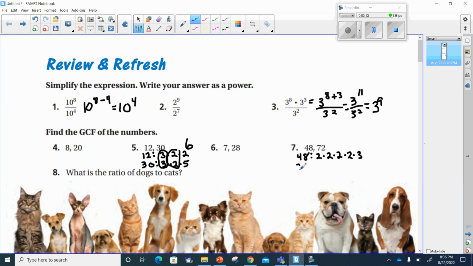Now let's do 72. Well, I know 72 can be found by taking 72 and dividing it by 2.